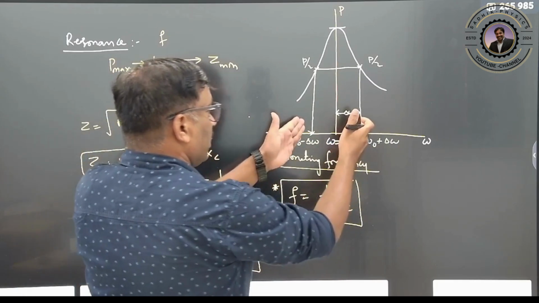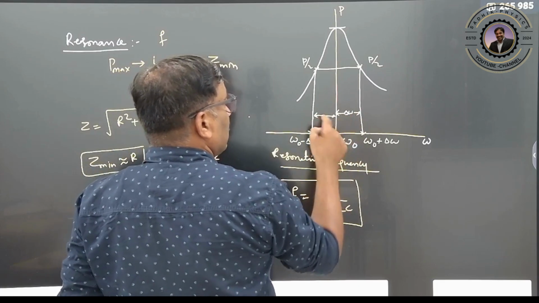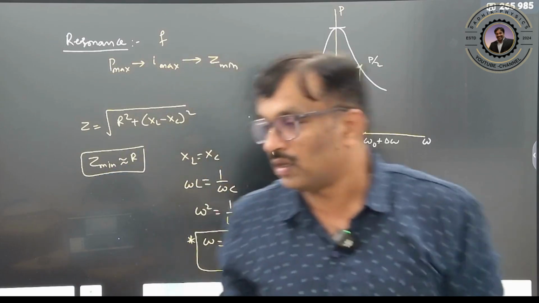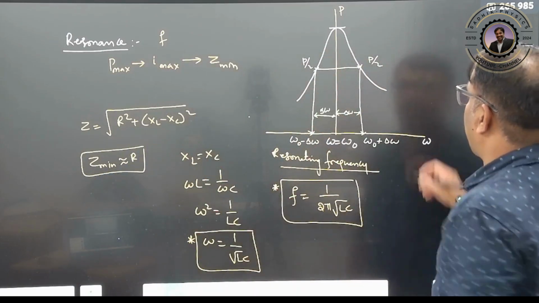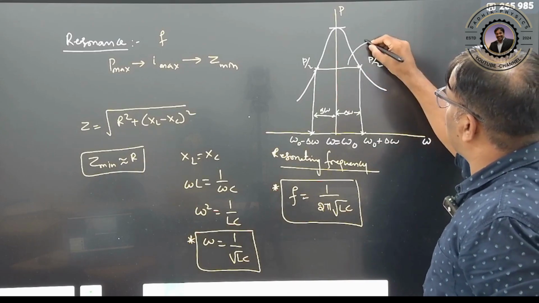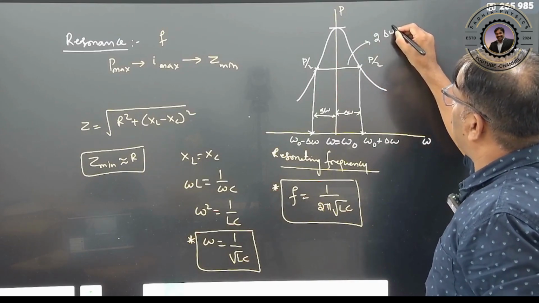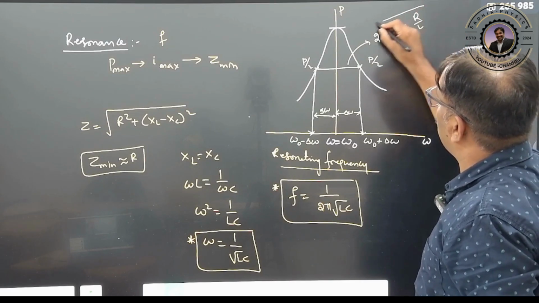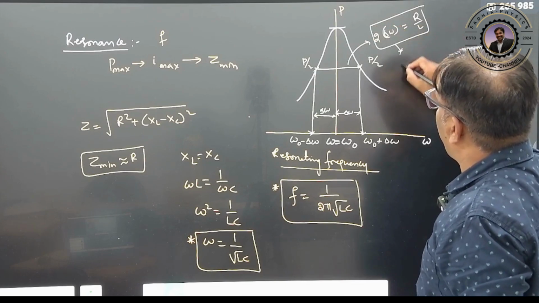From here to here this region is 2 delta omega, which is 2 into the change in frequency, and we can calculate it as R by L. This we will call the bandwidth.